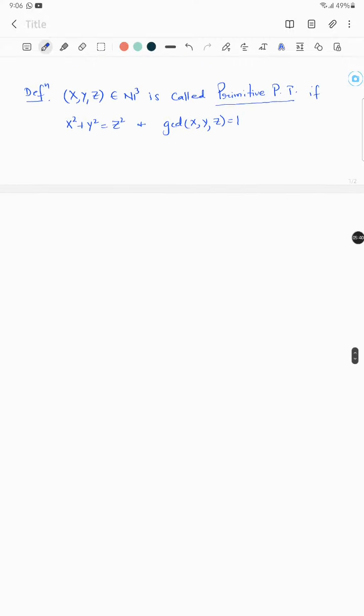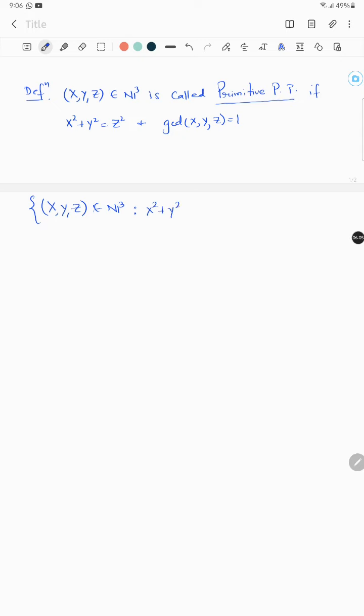So we have to look for all possible x, y, z, such that, of course, in N cube, x square plus y square is equal to z square, and one more condition, GCD of x, y, z is 1. We shall find this particular set.